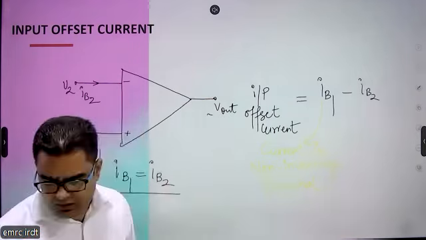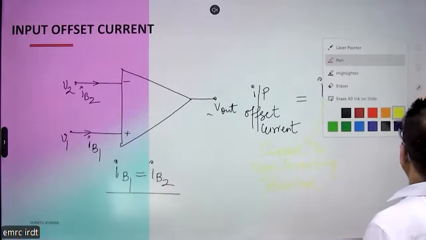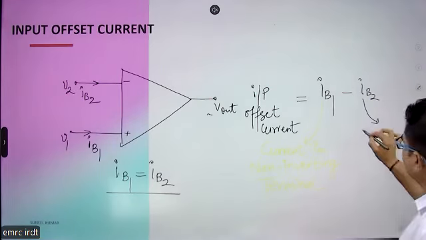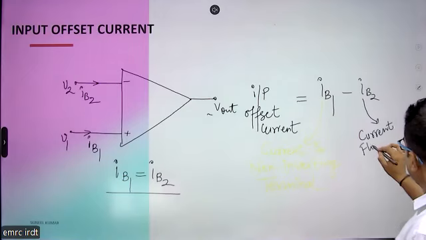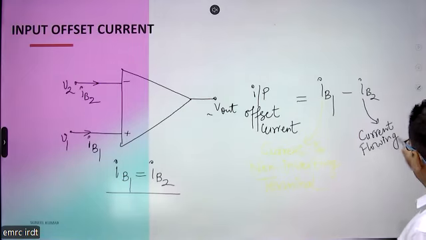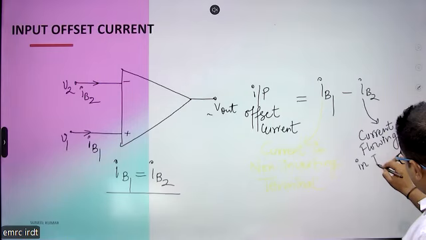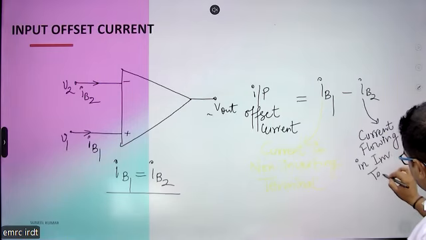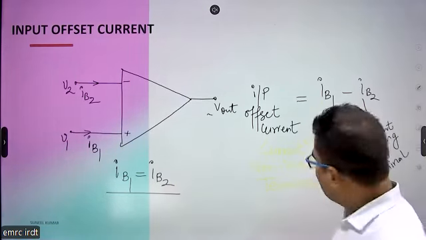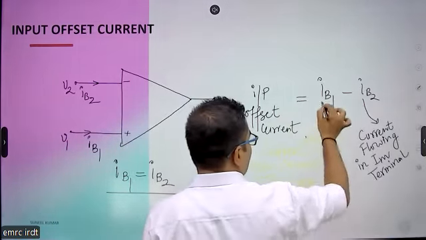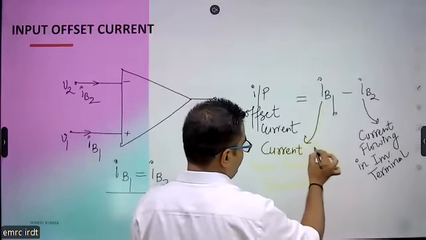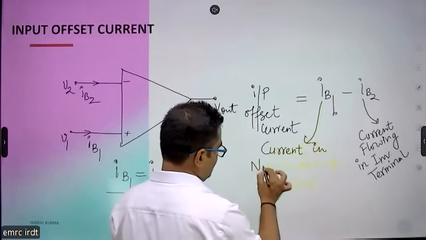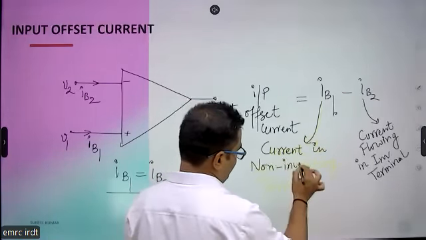This is the current flowing in the non-inverting terminal, and this is the current flowing in the inverting terminal. Maybe this is not visible, so I'm writing again here. This is the current in the non-inverting terminal.